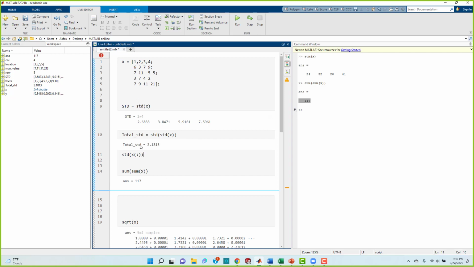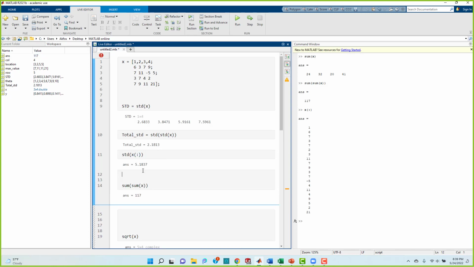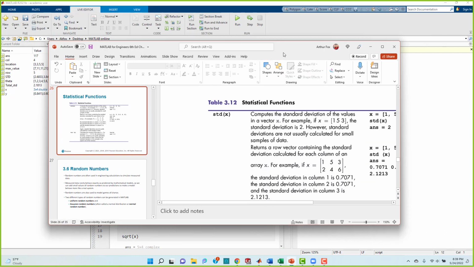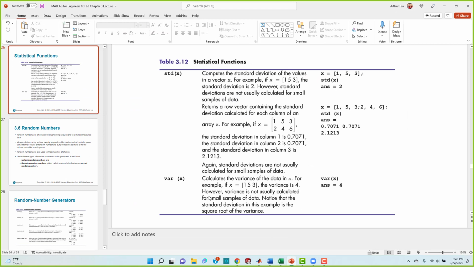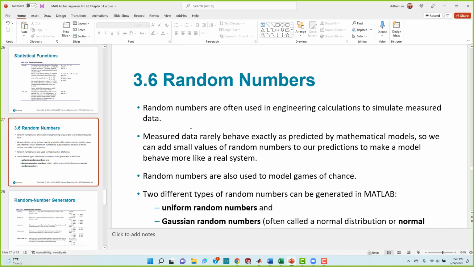This takes this vector or matrix and turns it into a column vector. And now when you take the standard deviation of the standard deviation, you can see they're not the same. Wow, I stunned you guys into silence. So anyway, just keep that in mind when that problem comes up.